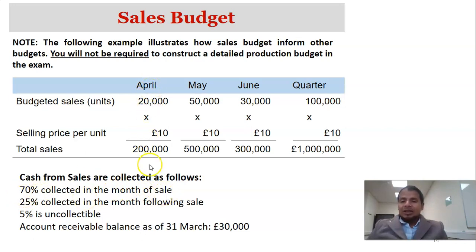So if you sell 200,000 in April, 70% will be collected in April. 25% is collected in the month following sales, so 25% of April sales will be collected in May, and 5% is uncollectible. So 70 and 25 is 95, and the remaining 5% is bad debt. The accounts receivable balance on 31st of March is given as 30,000.